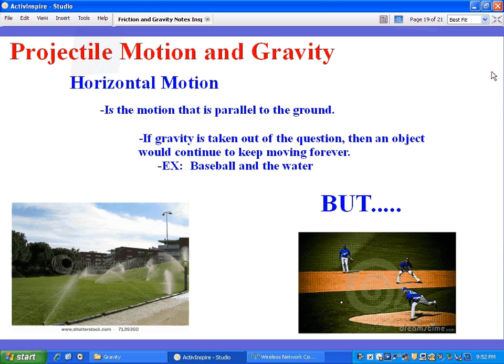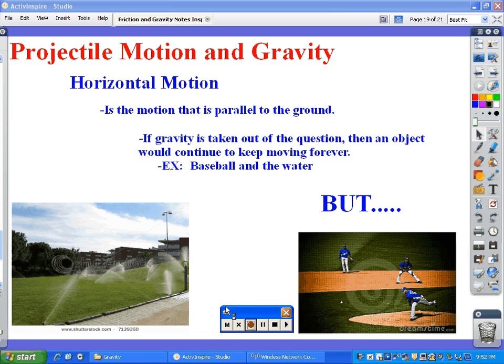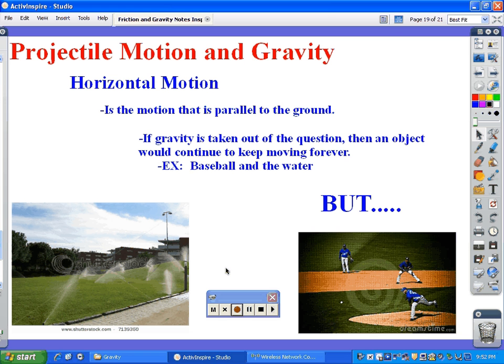Last couple things, projectile motion. Horizontal motion, motion that's parallel to the ground. As I said here, if gravity's taken out of the question, the object would continue to keep moving forever. If you fired a bullet into space, it keeps moving forever because you have no gravity strong enough to impact it. But on Earth, we have gravity.